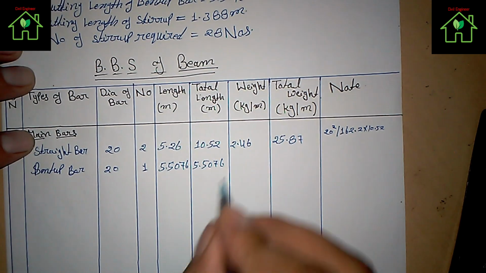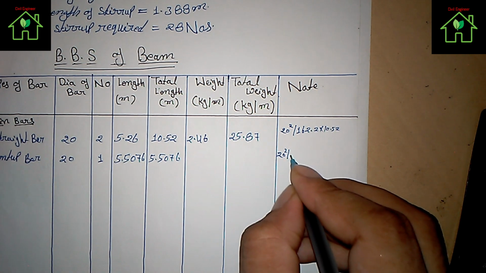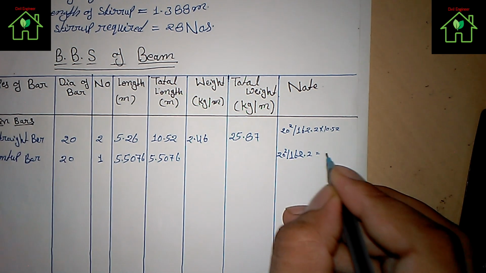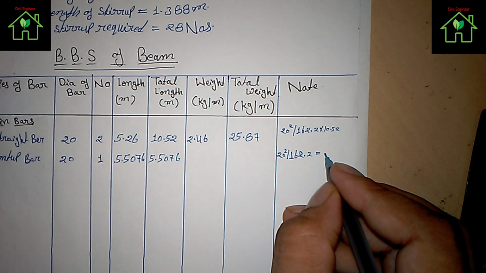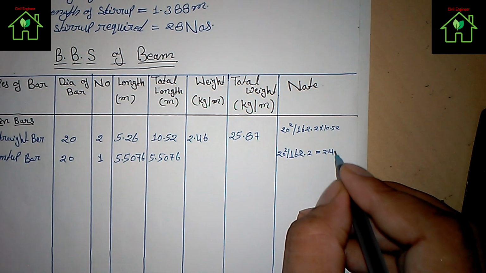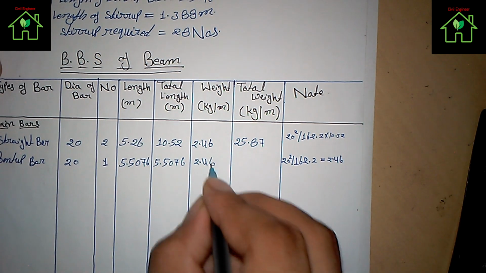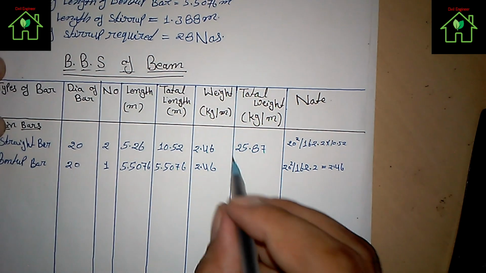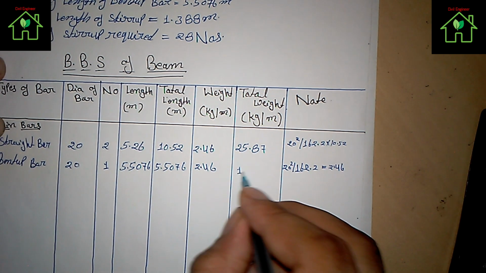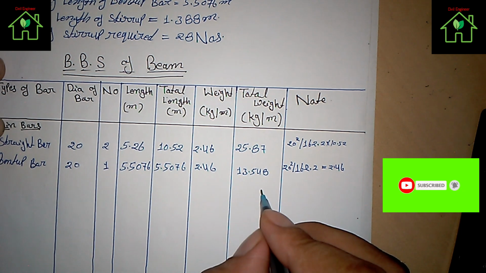What is the weight? 20 square divided by 162.2, which is 2.46. What is the total weight? After multiplying by the total length, we will get the value of 13.548.